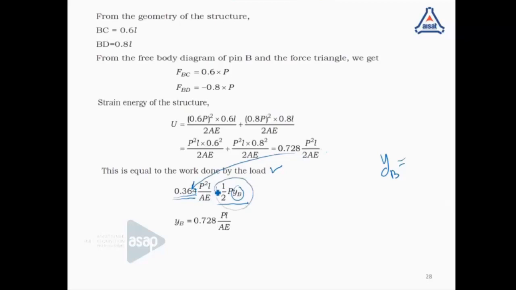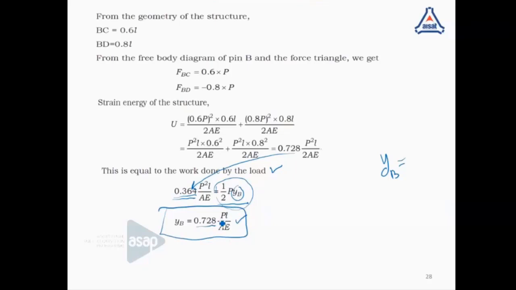Half P into Y is force into deflection. From this, YB can be calculated as 0.728 PL by AE. Since numeric values are not given, we have to leave it like this.